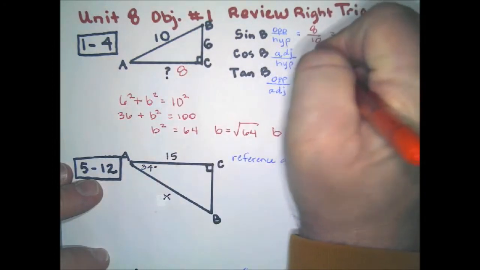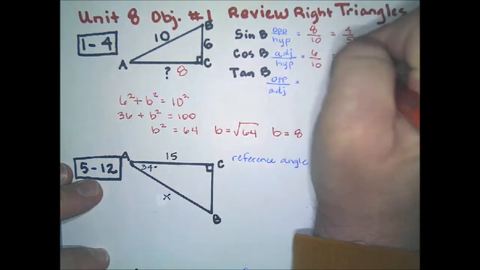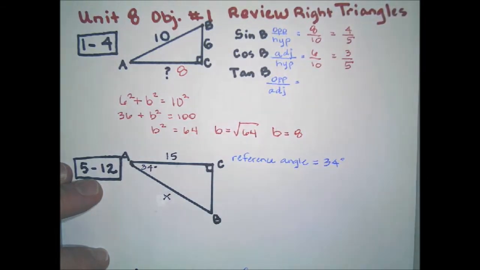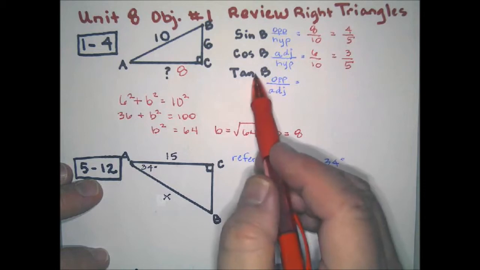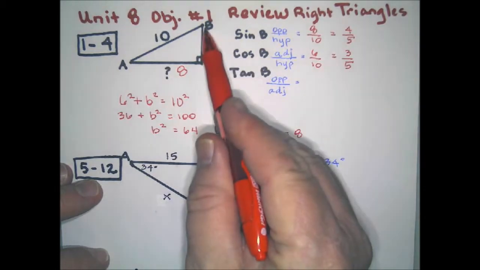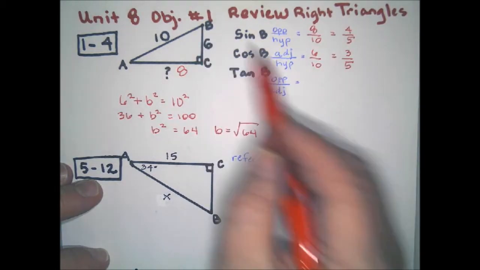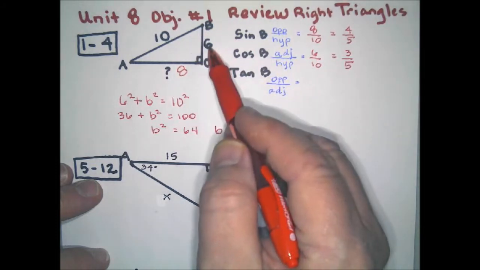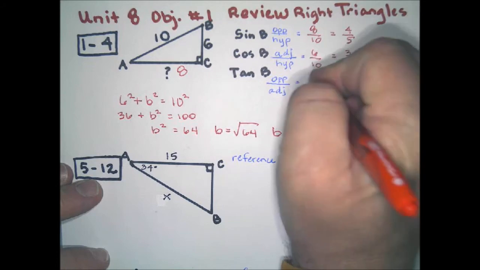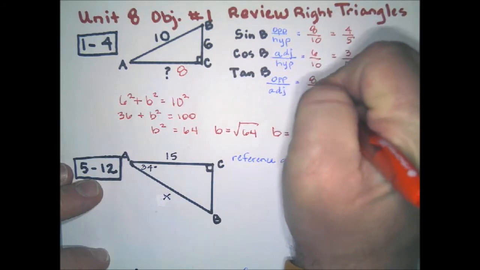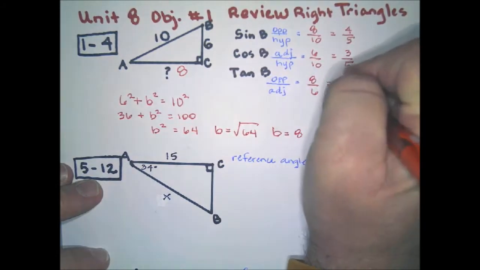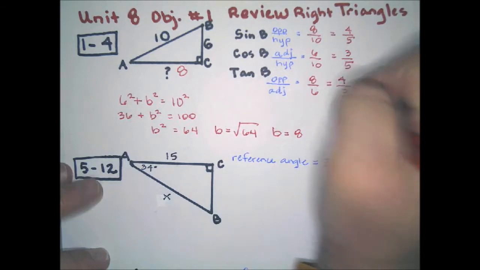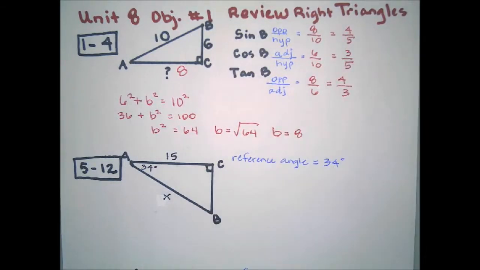So this would be 6 over 10, which is 3 over 5. And then one more time, go back to reference angle B and find the tangent, which is the opposite side over the adjacent side. So that would be 8 over 6, which reduces down to 4 over 3.